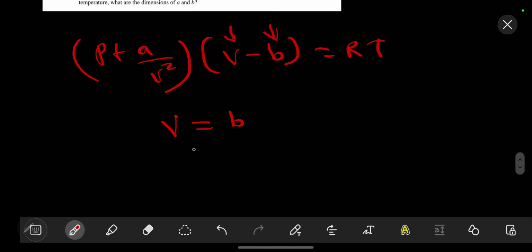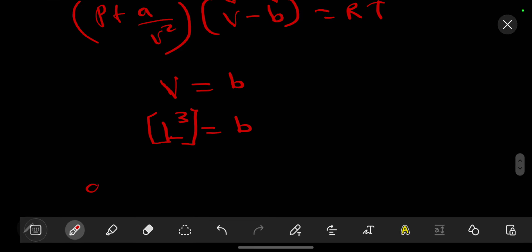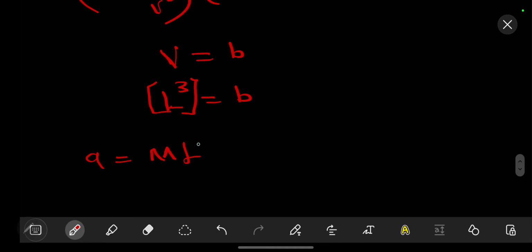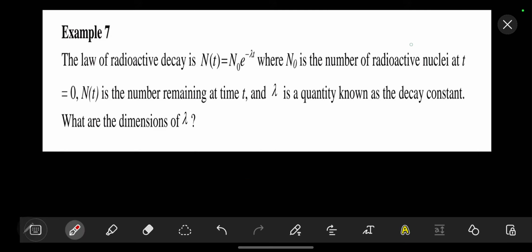So if volume is L to the power 3, this should be equal to B. So the dimensions of B are L to the power of 3. That means that we have answered that. We found our A to be M, L to the power 5, T to the power -2. So these are our dimensions.